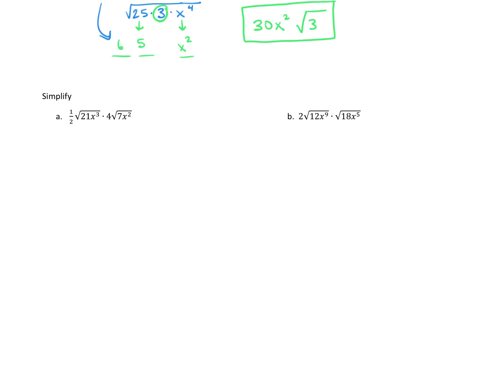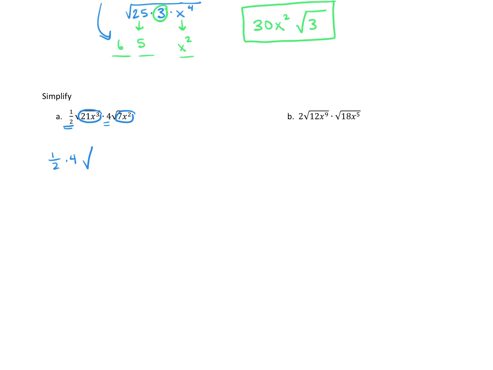All right, so we're going to try a couple more examples. When we do our multiplication, anything out in front gets multiplied: 1/2 times 4. And then anything, basically these radicands, remember that word from our vocab?